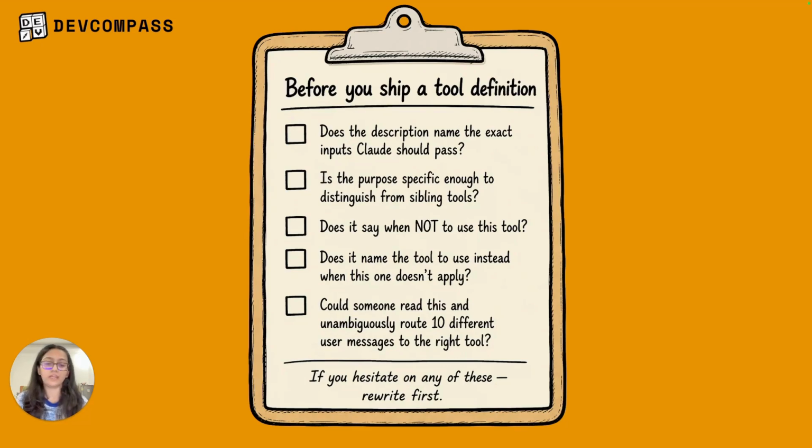If you hesitate on any of those five, please rewrite that tool description. Don't ship a description you are unsure about and just hope that Claude will figure it out. Claude will not figure it out. It will route based on what you wrote in your code. If what you wrote is ambiguous, be ready for ambiguous results.